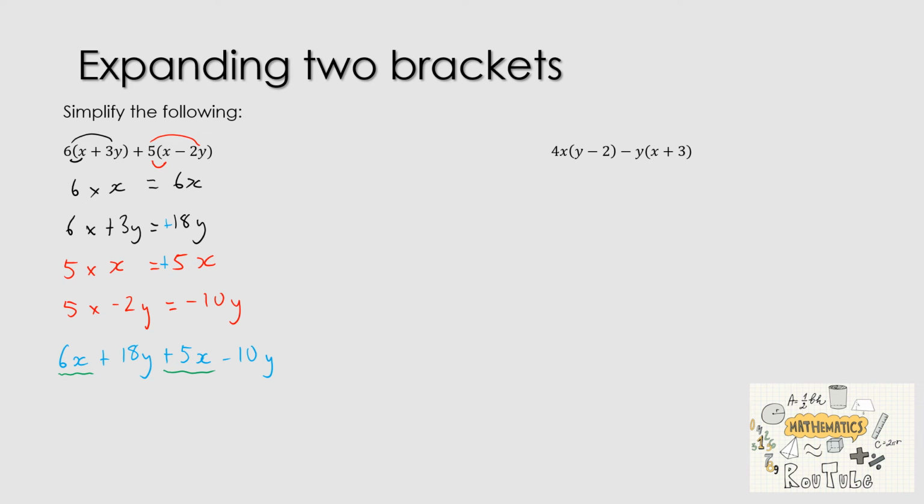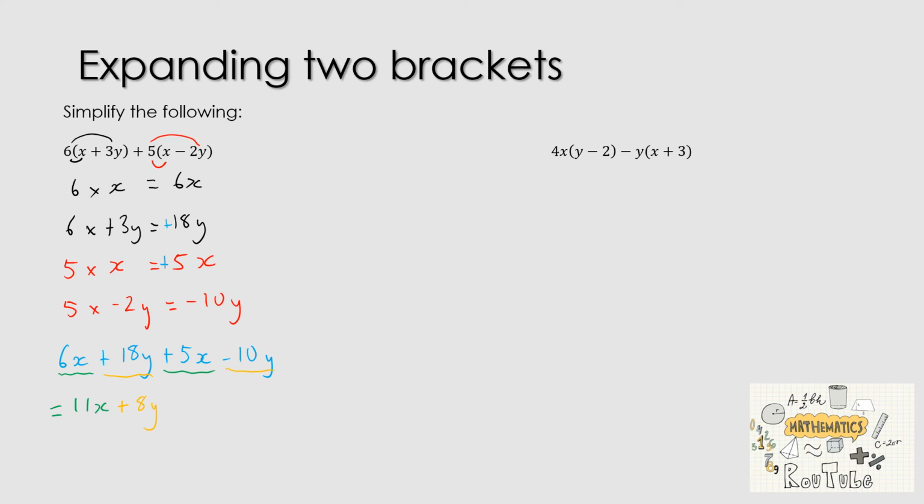So we've got 6x plus 5x, which gives you 11x. And let's go with orange. And then we've got 18y minus 10y, which should give you positive 8y. And we can't join them together because one has a variable of x and one has a variable of y.